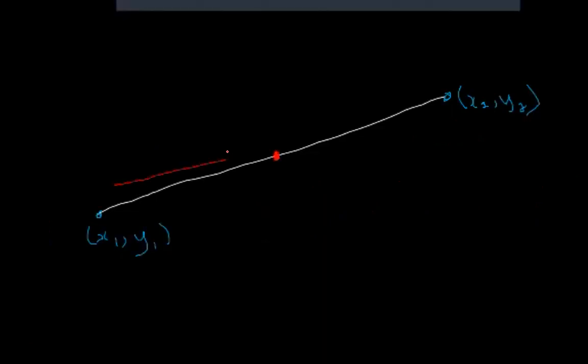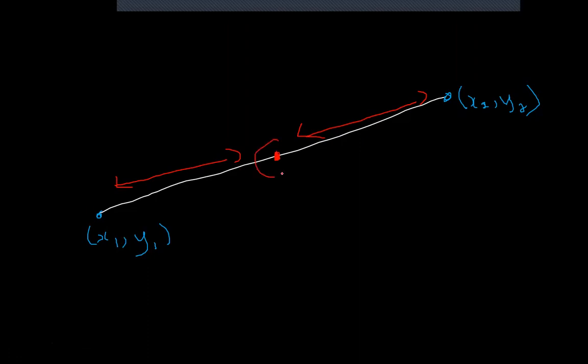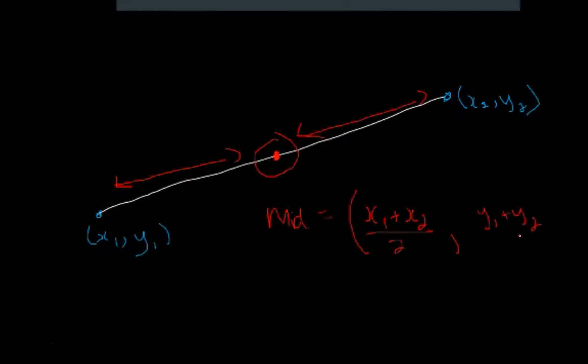So this length here and this length here would be equal. This is known as my midpoint. And we said the formula to find the midpoint, so I'll just put mid is equal to x1 plus x2 divided by 2, comma, y1 plus y2 divided by 2.